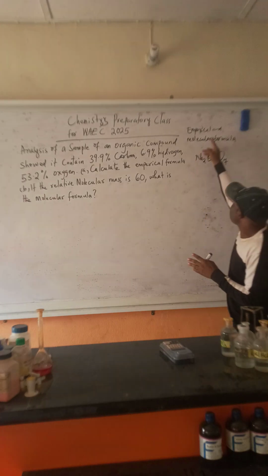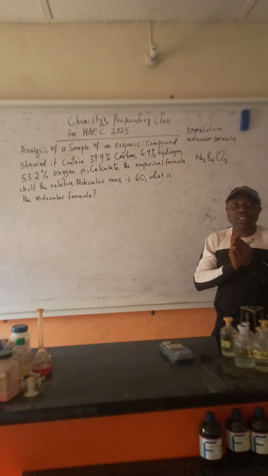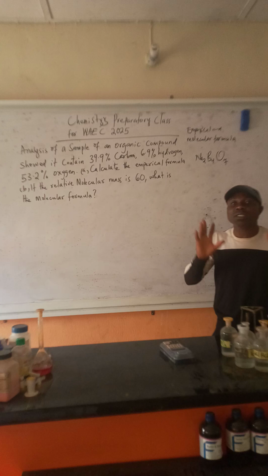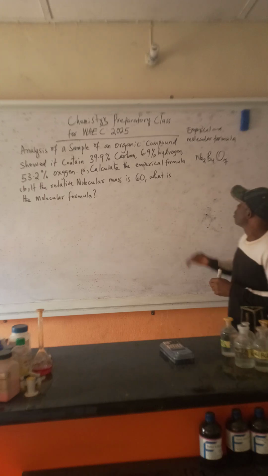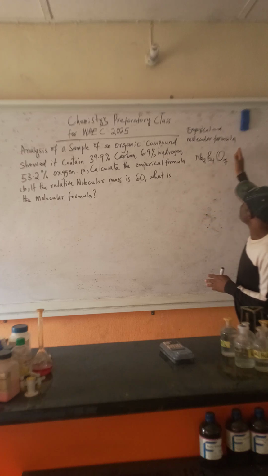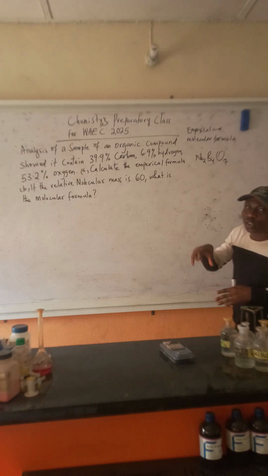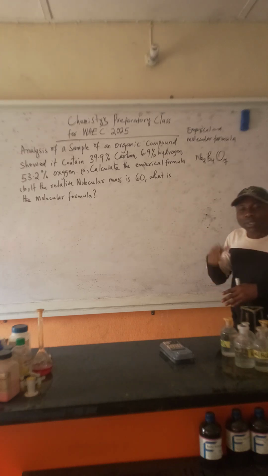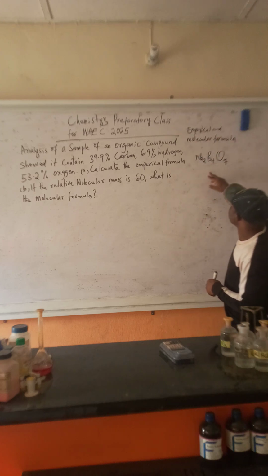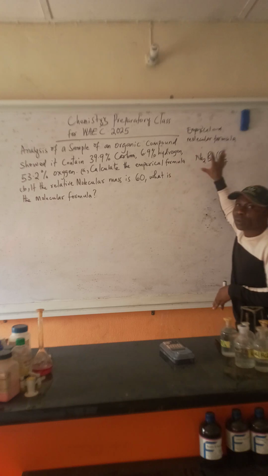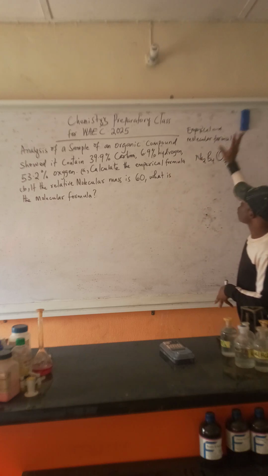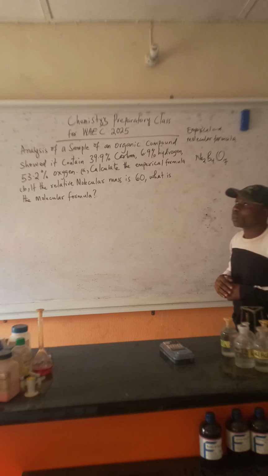But the molecular formula is the formula that gives the number of atoms of the elements present in a given compound. So the empirical formula is telling us that there are 3 elements present in this compound, but the molecular formula is telling us there are 13 atoms present in this compound.